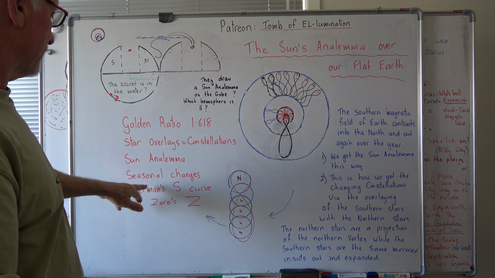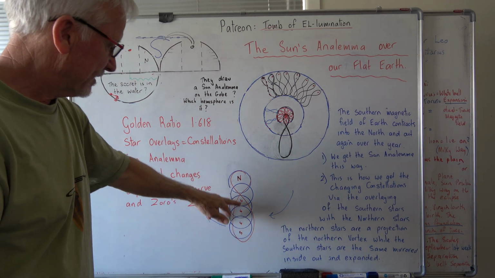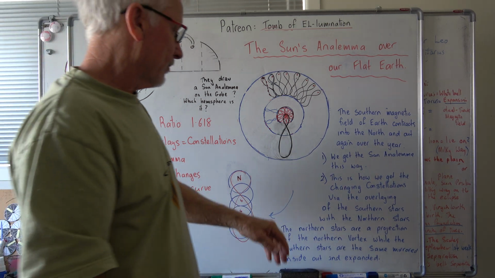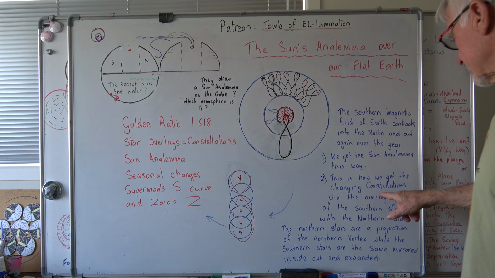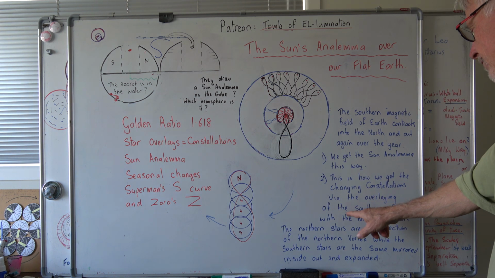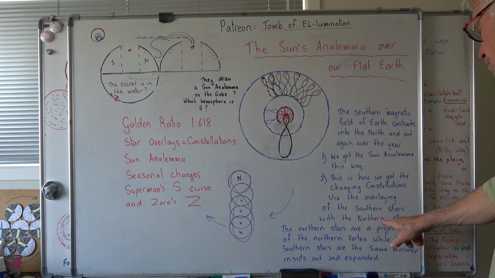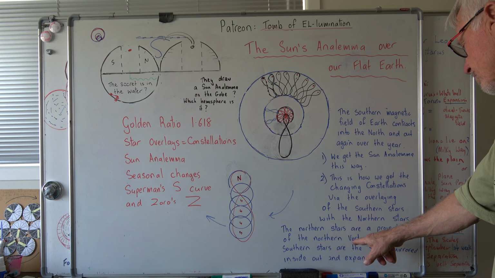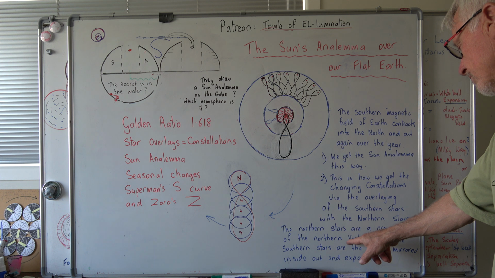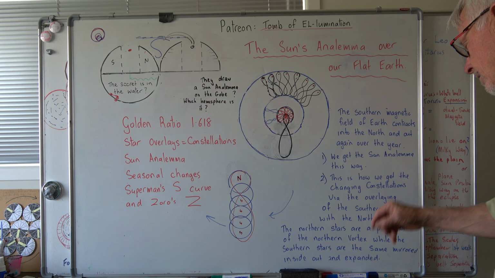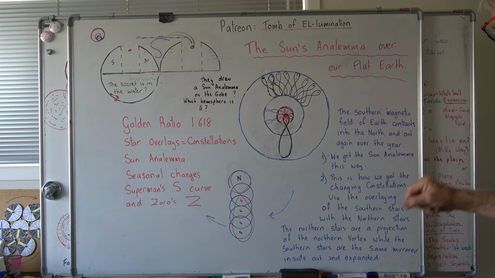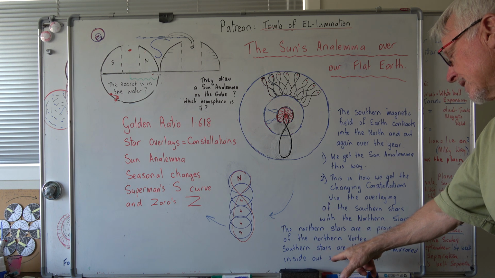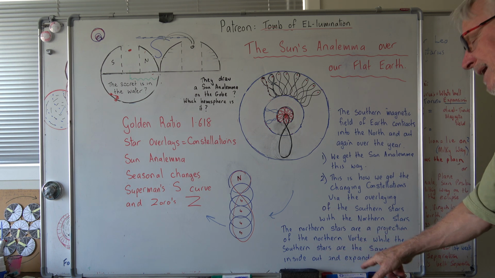Sun analemma, seasonal change. It's the changing of the season. Superman's S-curve. What have we got here? This is how we get the changing constellations via the overlaying of the southern stars with the northern stars. The northern stars are a projection of the northern vortex, while the southern stars are the same, mirrored inside, out, and expanded.